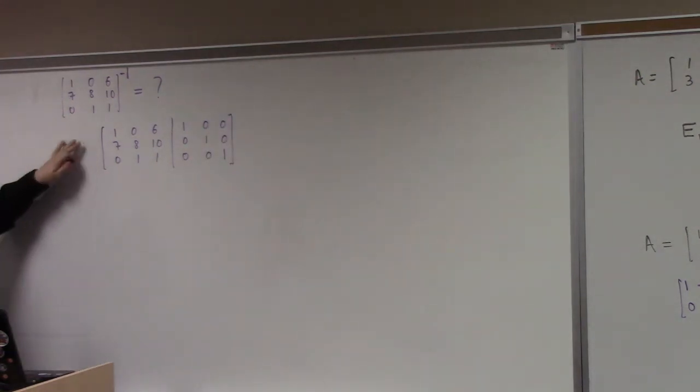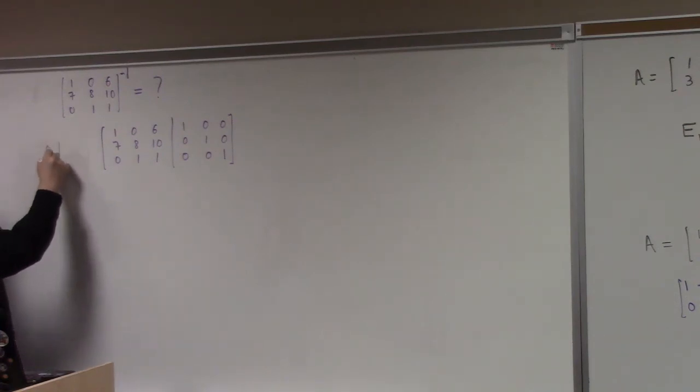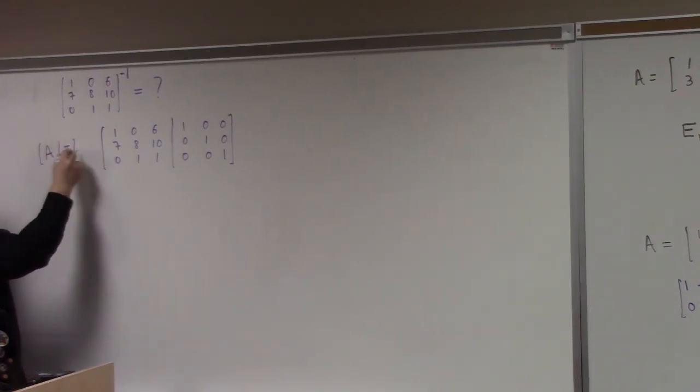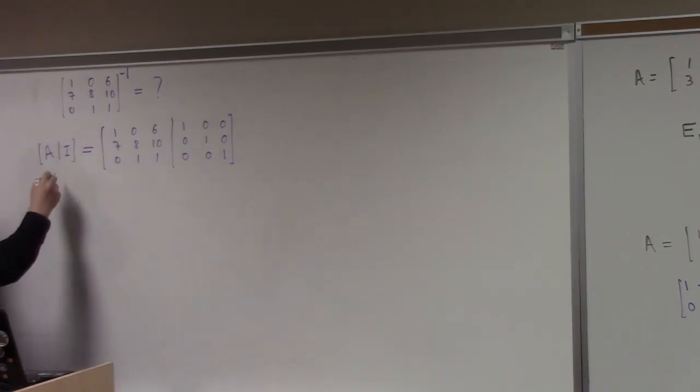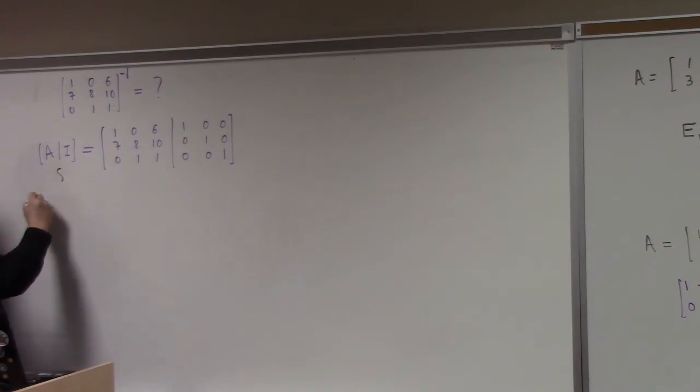So you take the matrix you're given and you concatenate it with the identity matrix. And then if you do row reductions, this is going to be equivalent to the reduced row echelon form of A, with stuff.